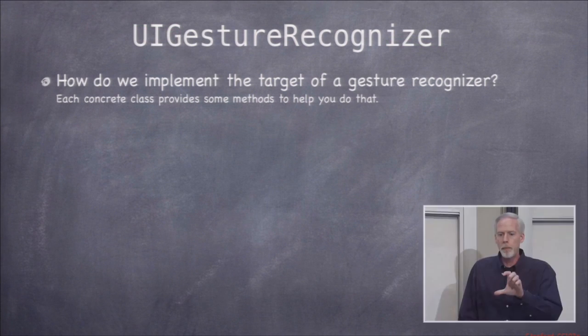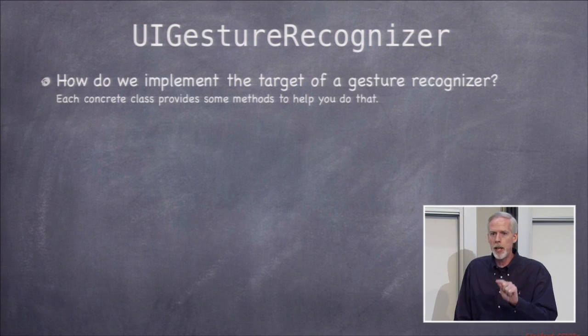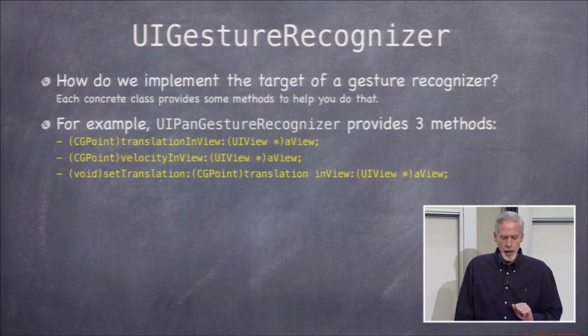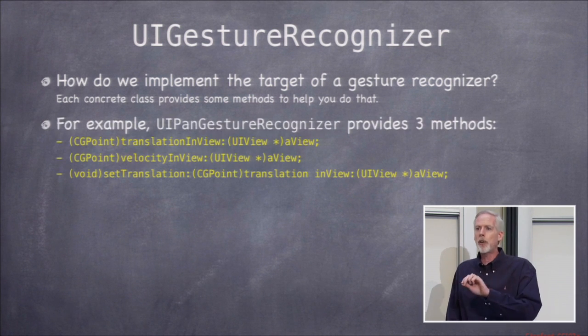So how do we implement that target, that pan colon? So I'm panning or I'm pinching and I'm getting sent pan colon when I'm panning. What do I do inside that method? And the answer is that each concrete subclass of UIGestureRecognizer will provide some methods to help you.